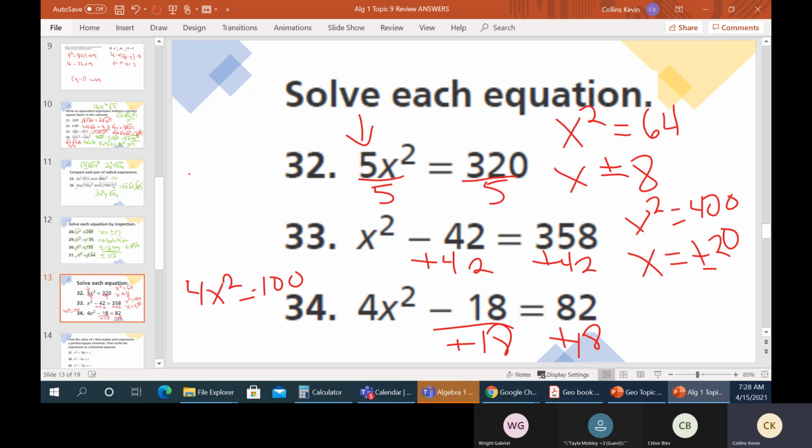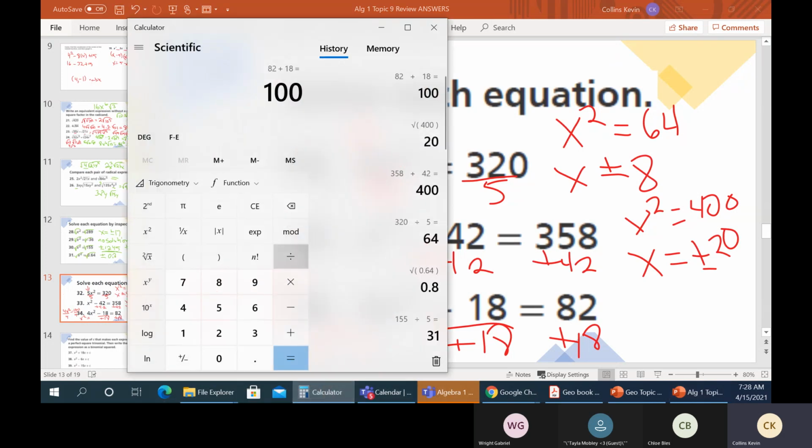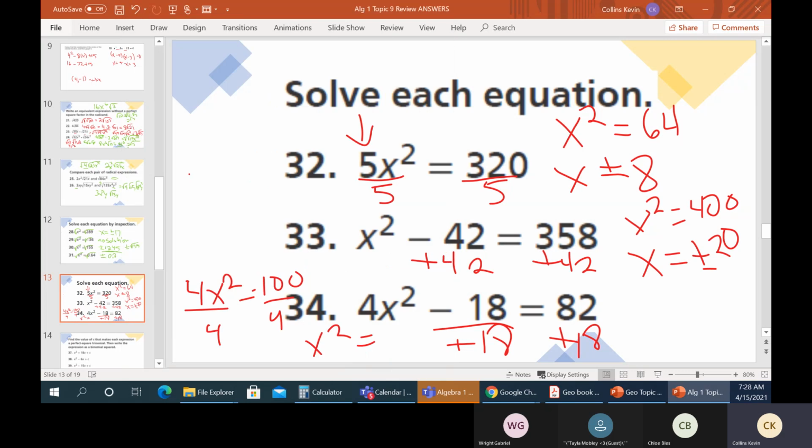They multiply by 4, like, oh, no. We're not going with that. We're going to divide by 4, right? And I'm jumping all over the place with this. So then I get x squared equals 100 divided by 4. Back to here, we got our 100, and we say divide by 4, and 25.